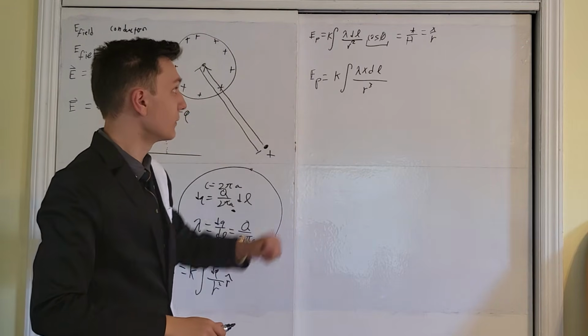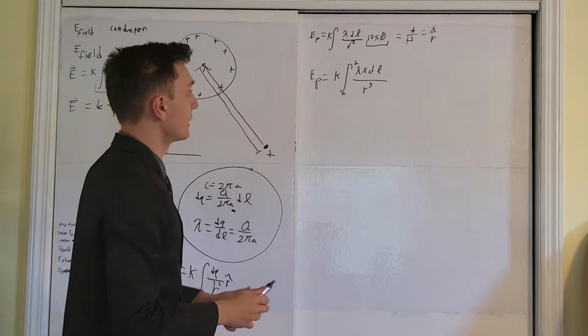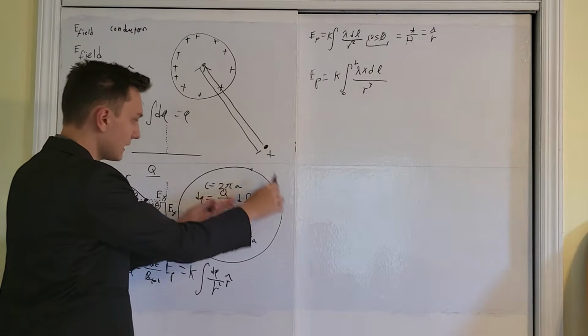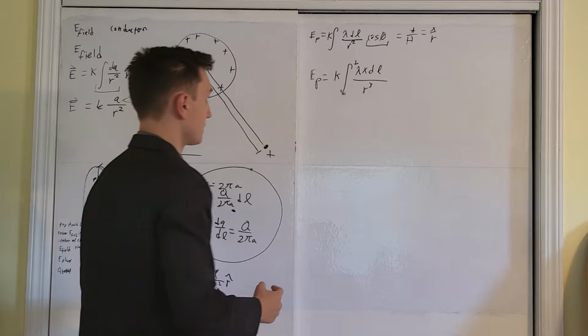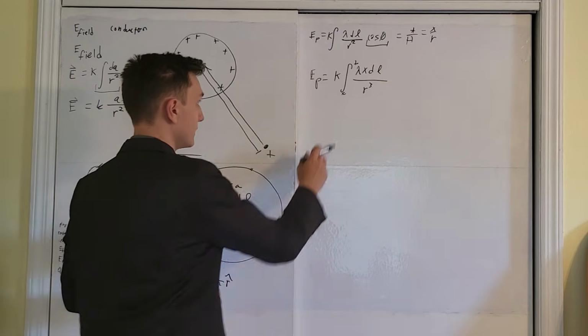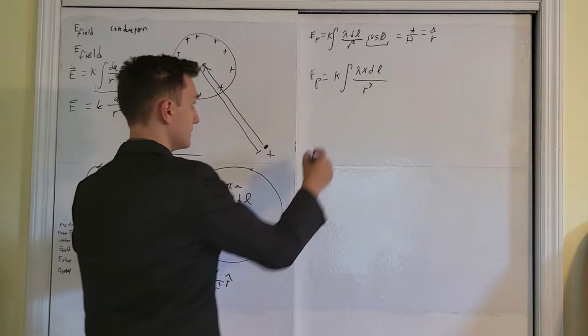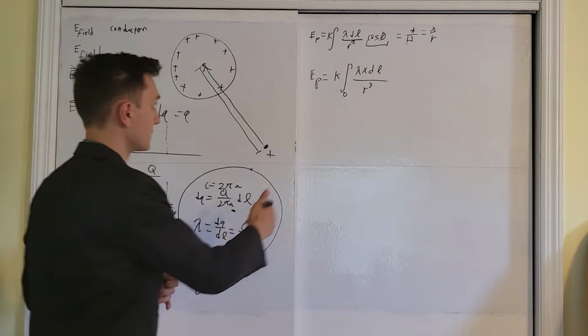Therefore, we're going to need to evaluate a definite integral with bounds of integration. So we're integrating with respect to length. What did we say length was? Length was the total length around our circle, okay? So we're going to need to integrate from initial length all the way up to final length. Our initial length is going to be 0. And what's the total length of our ring? It's going to be the circumference, 2 pi a.